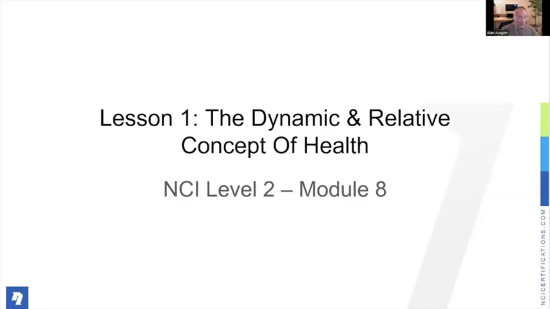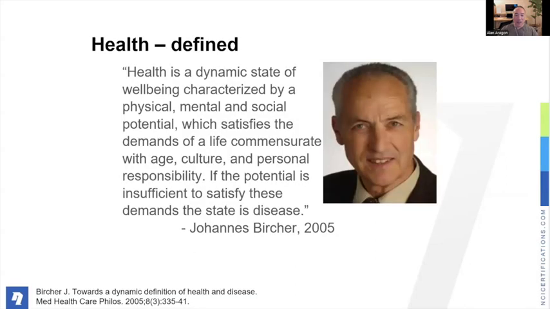Okay, let's kick things off with lesson one, the dynamic and relative concept of health. This here is Johannes Burcher, and he defined health in a way that was different than the original definition of the World Health Organization, who essentially said that health is a relative absence of disease.